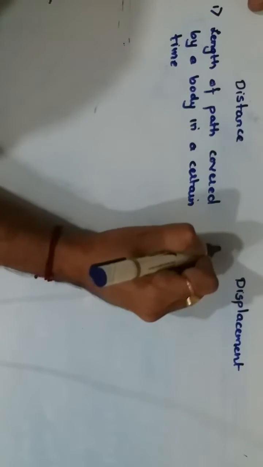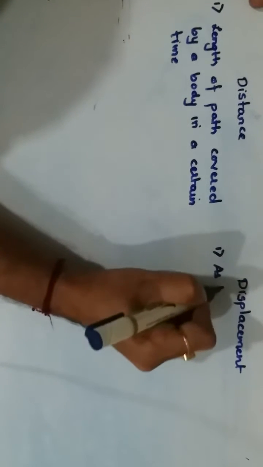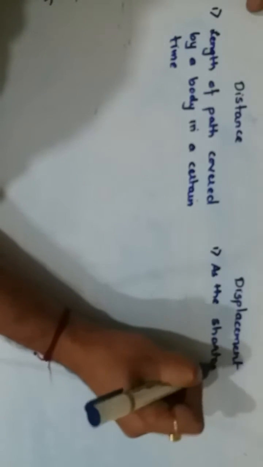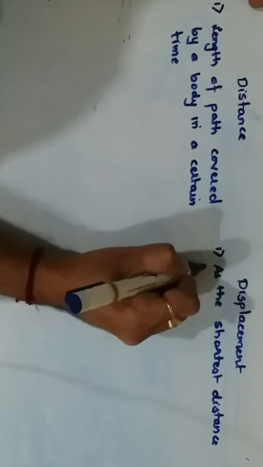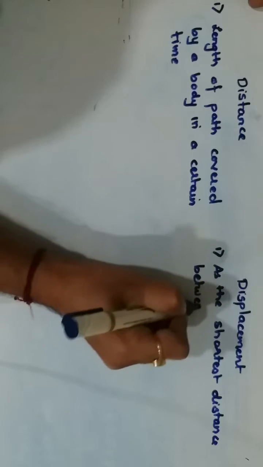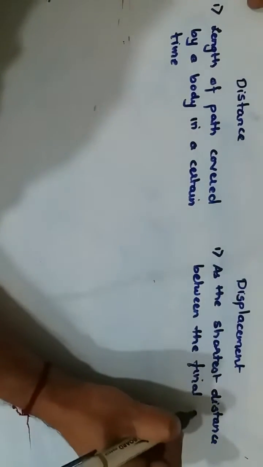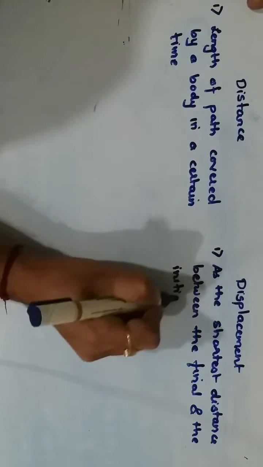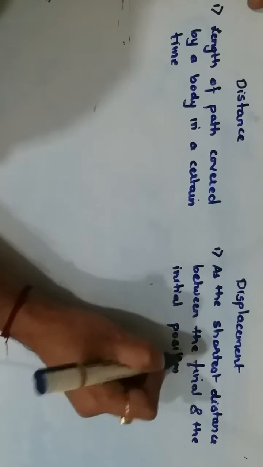Whereas displacement was defined as the shortest distance between the final and the initial position. This I have explained to you with respect to the diagram in the previous video.